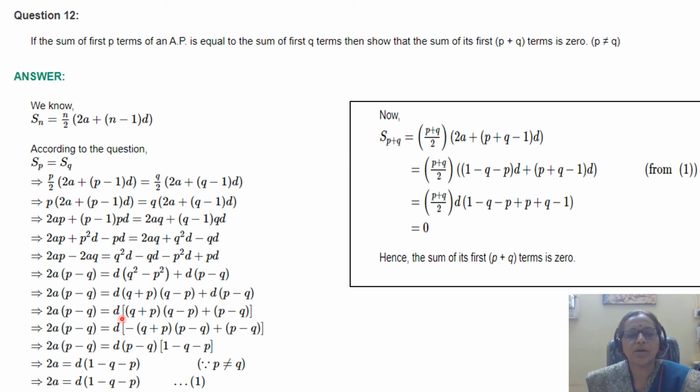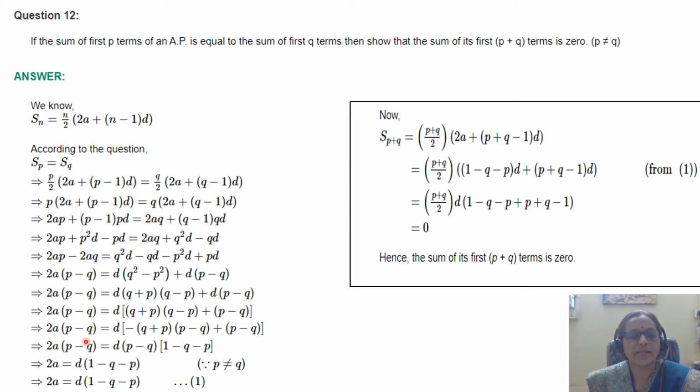Before that, here it is q minus p and here it is p minus q. Let us take d common from outside and rest of the terms as it is. Then observe in next step, this p plus q as it is, q minus p we can write as minus of p minus q by taking minus sign common, and the last term is also p minus q.